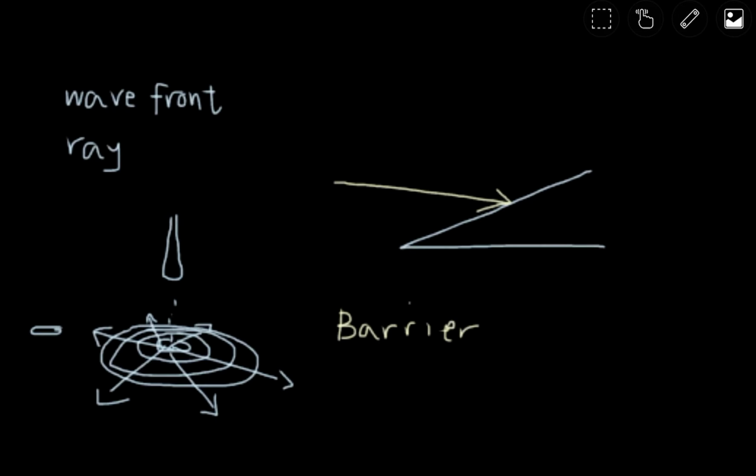The barrier is just something that you can use as a reference point for your rays. Okay, so we're going to say it's this line. This is a barrier because that's where the ray is hitting. That's our barrier.